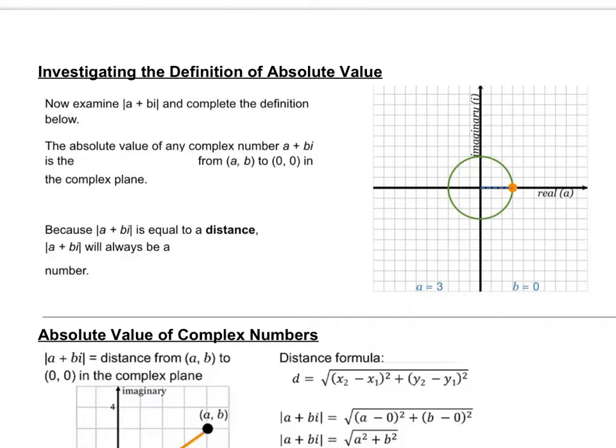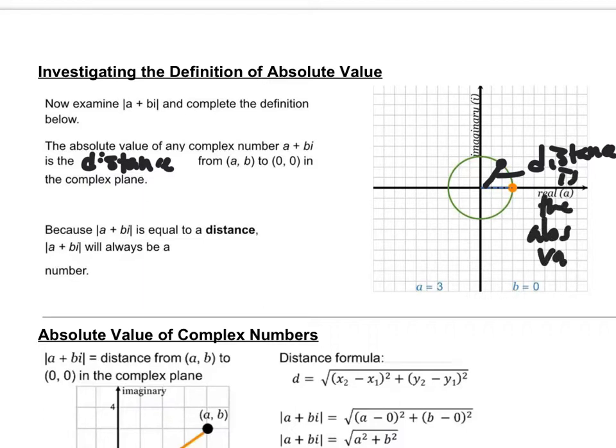The absolute value of any complex number, a plus bi, is the distance from that point, some point here, to the origin. And that distance is the absolute value. Since it's a distance, it will always be a positive number.